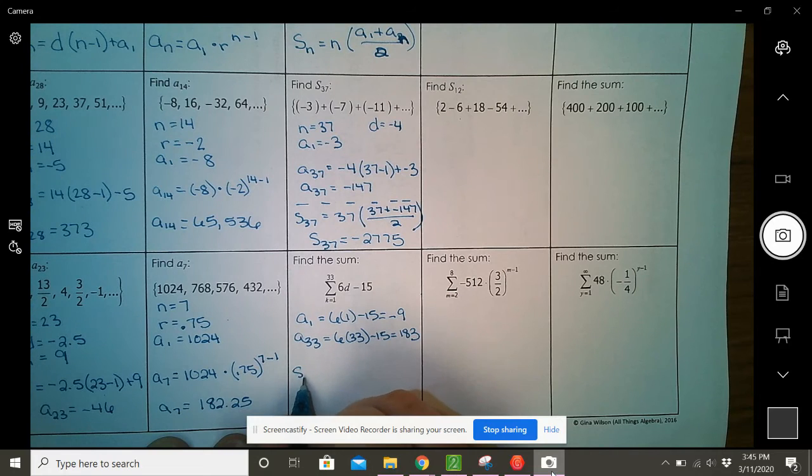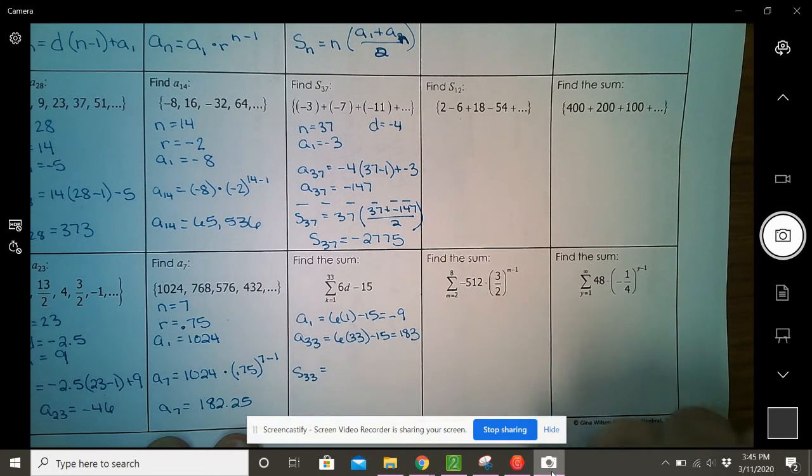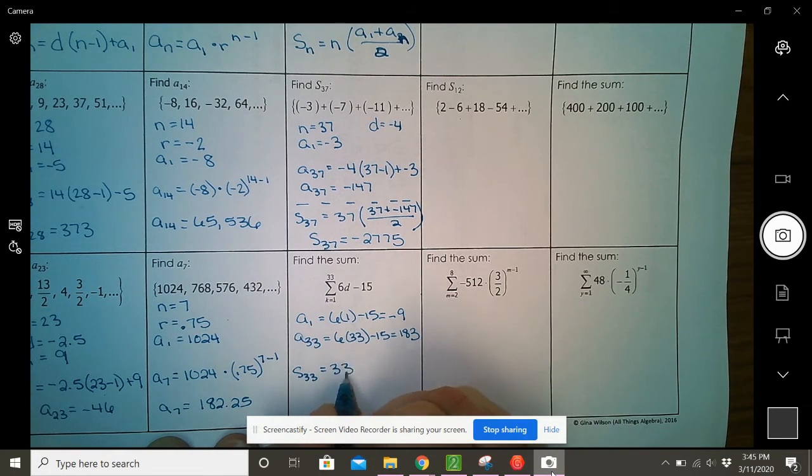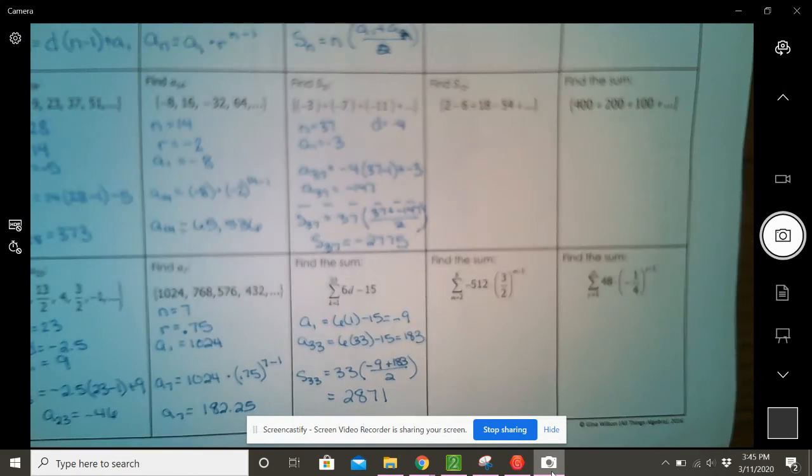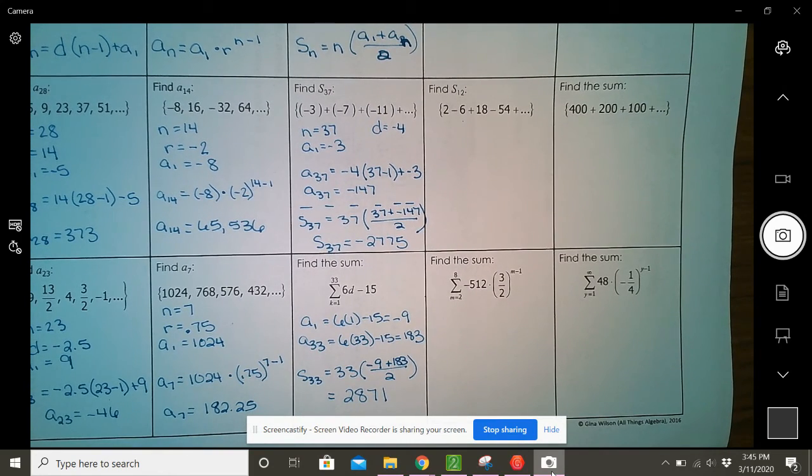The 33 terms added together, it's going to be 33 times the first term, negative 9, plus the last term, 183, all divided by 2. And that is going to get me a final sum of 2,871. I know most students aren't going to pick this method. I just think it's a very clear, easy to follow, step-by-step method.